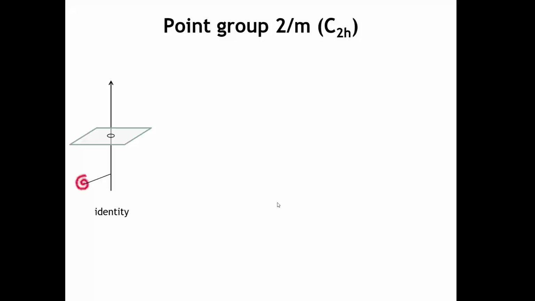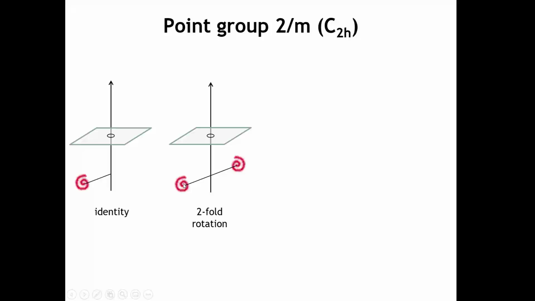So let's just take an object. Let's think of this like a molecule, if you will, and I've got this little hurricane-shaped thing here. But we're going to apply the different operations of the point group and see what operations must be present for it to be a valid group. All right, so we have to have the identity operation. Then let's go ahead and do the twofold rotation. Right?